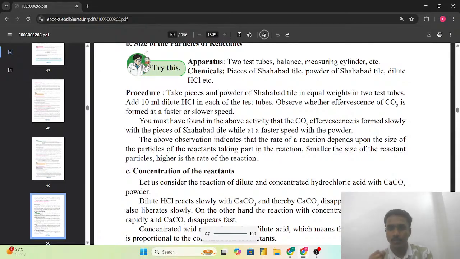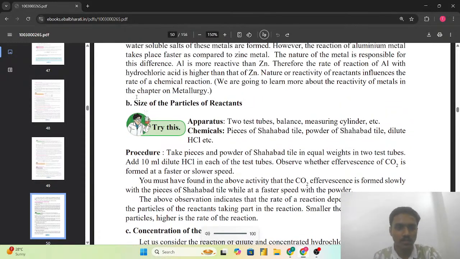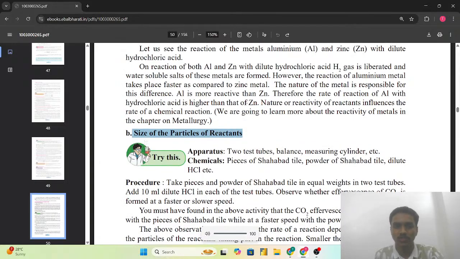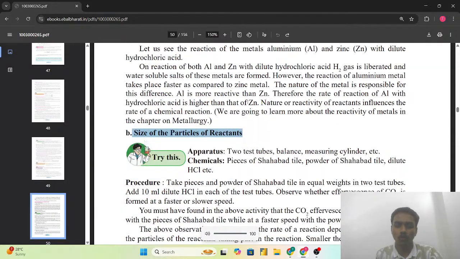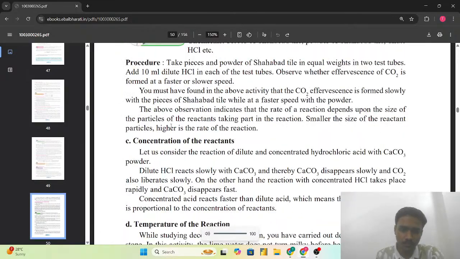But if we break it into smaller pieces or powder, the reaction will happen at a larger rate. So the size of the particles of the reactants is an important factor in the rate of the reaction.